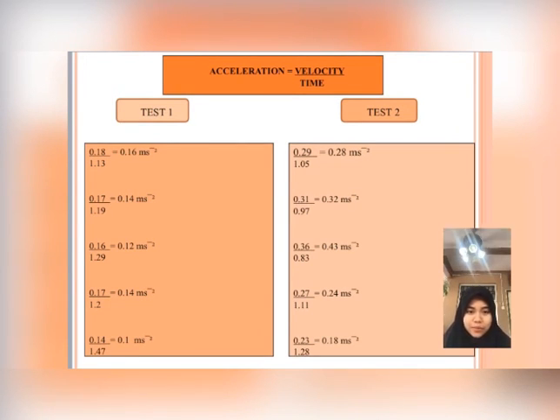And lastly, 0.14 divide 1.47, the equal is 0.1.